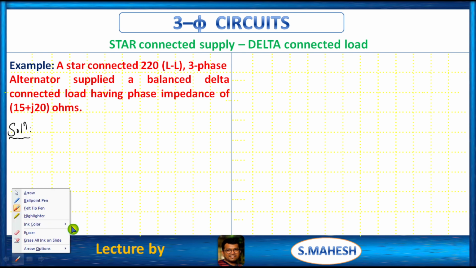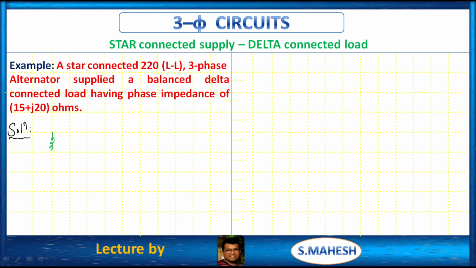Okay, star is the supply system. Next, coming to the load, the load is delta, right? Load is delta.